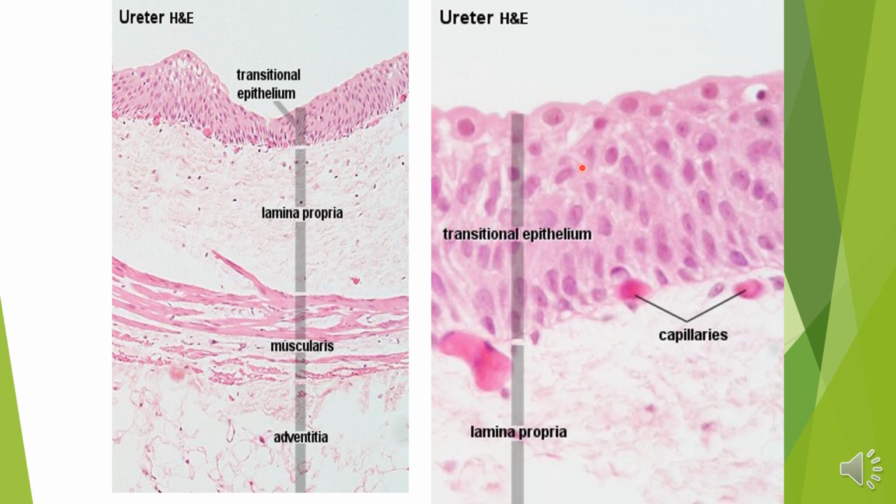This is the H&E stained section of the ureter in higher magnification. In this diagram you can easily see the basal cells, intermediate cells of the transitional epithelium, and apical or surface cells with their characteristic dome-shaped appearance. In the lamina propria you can appreciate the presence of blood vessels as well.